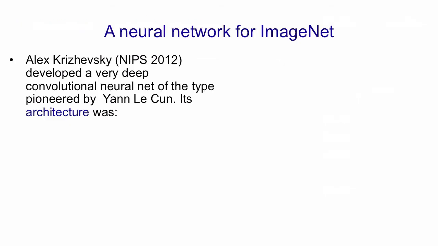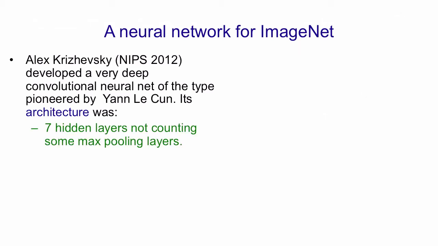So Alex Krizhevsky's network works like this. It's a very deep convolutional neural net of the type pioneered by Yann LeCun that was first used for digit recognition, and then Yann later applied it to recognizing real objects. We're using all the lessons that were learned by Yann's group and by Yoshua Bengio's group and by various other groups, developing these deep neural nets for doing real vision.